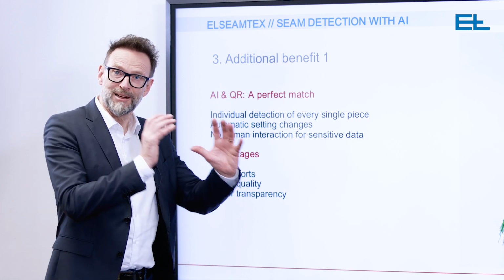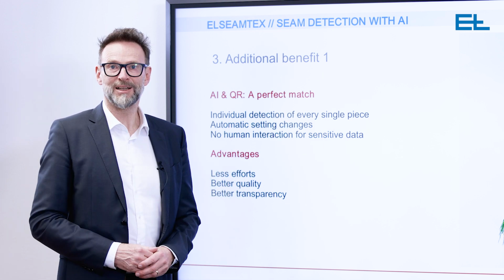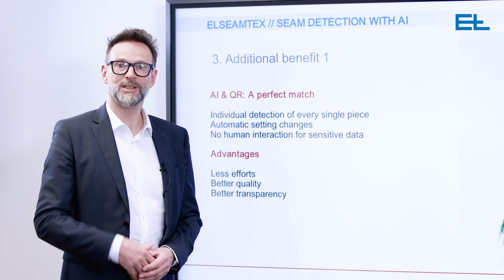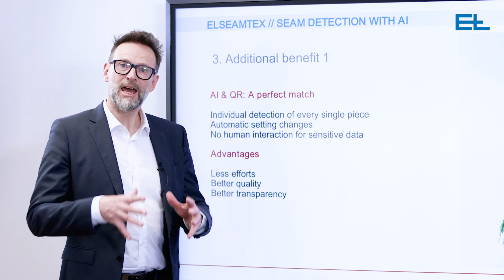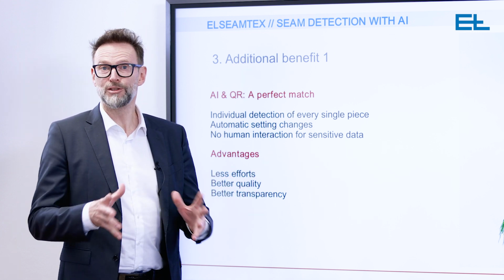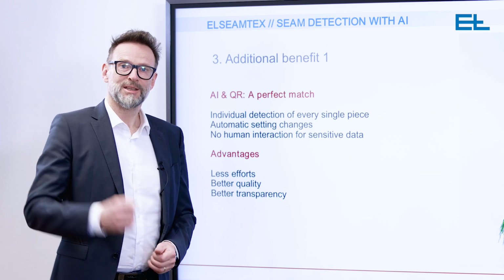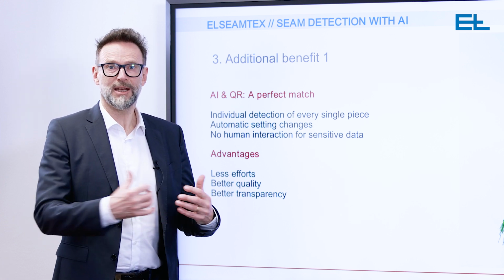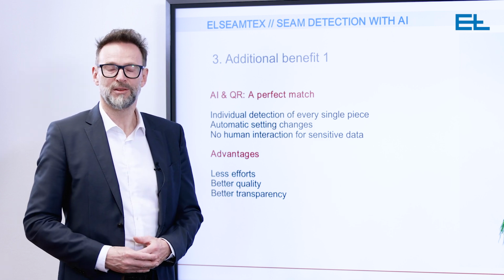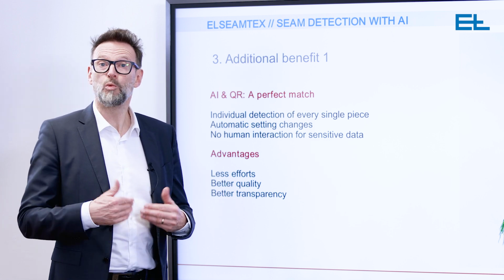If we link this artificial intelligence of the seam detection and QR codes together, that opens a brand new world of opportunities, simply because we can now tell this part and the production unit what to do.